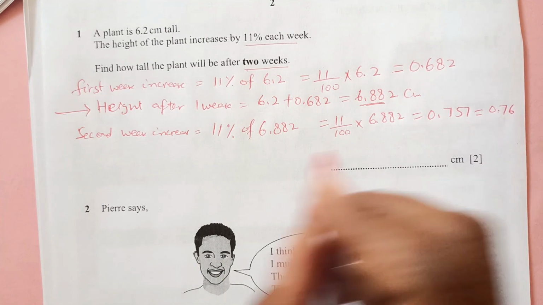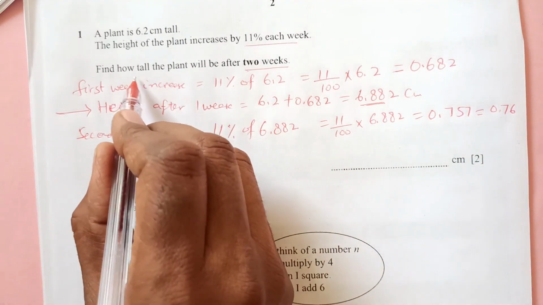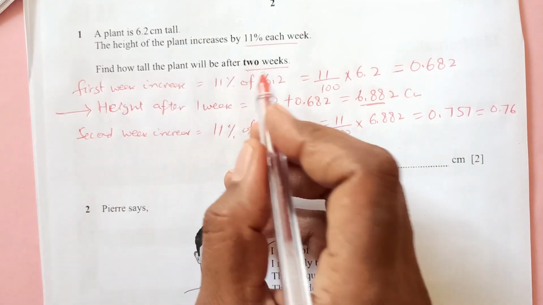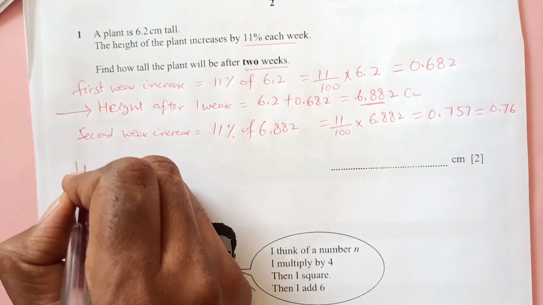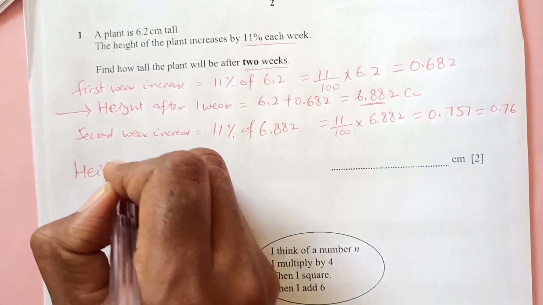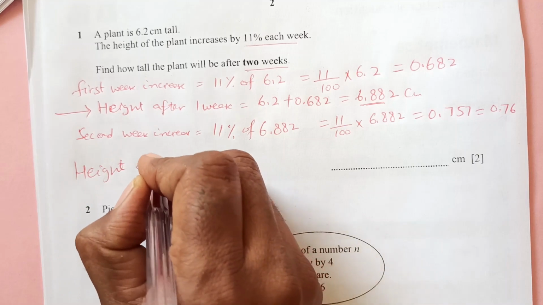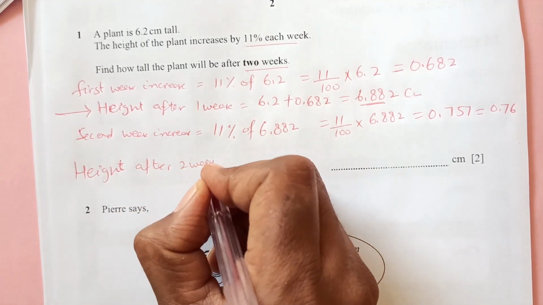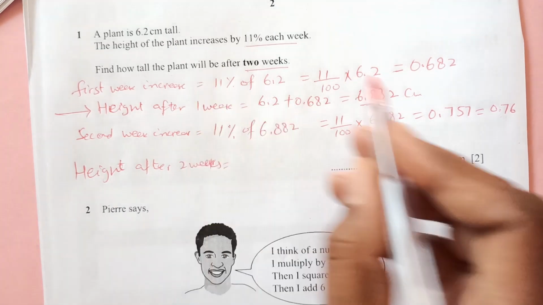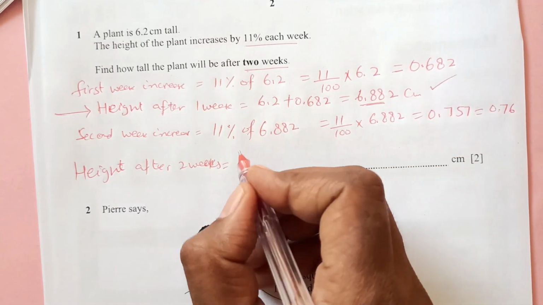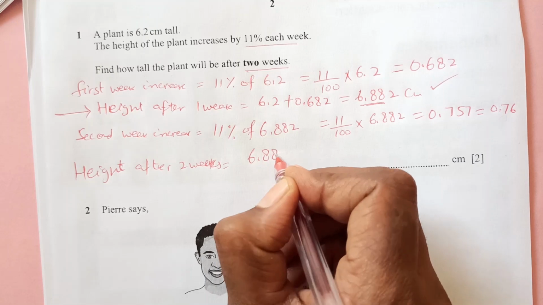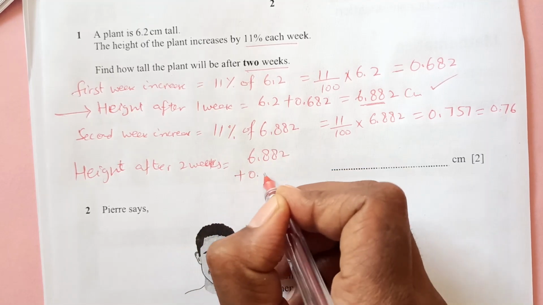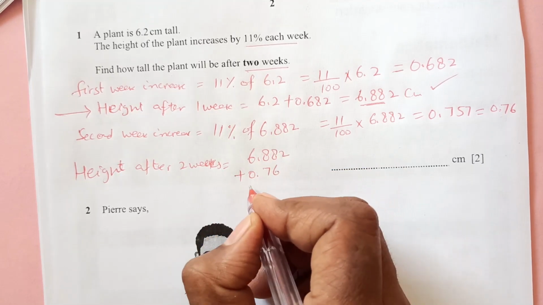Now after the second week increase, we will have how tall the plant is after 2 weeks. So height after 2 weeks is going to be, we had height before this one, 6.882 plus 0.76.